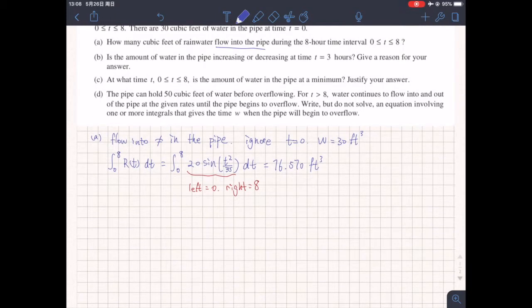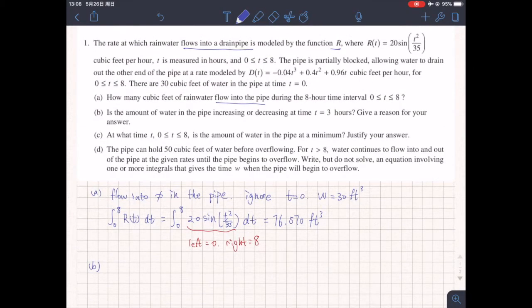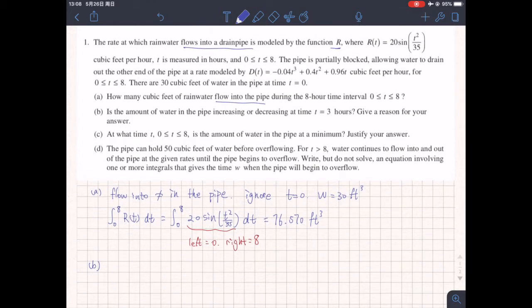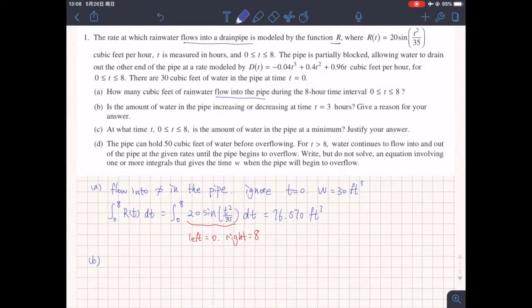Then we move on to question B. Is the amount of water in the pipe increasing or decreasing at time t equals 3 hours? Give a reason for the answer. Because we already know how fast the water is going in and out of the pipe, we just combine these two functions together, which is r(3) minus d(3), and then we can get how fast the water is flowing in or out of the drain pipe.